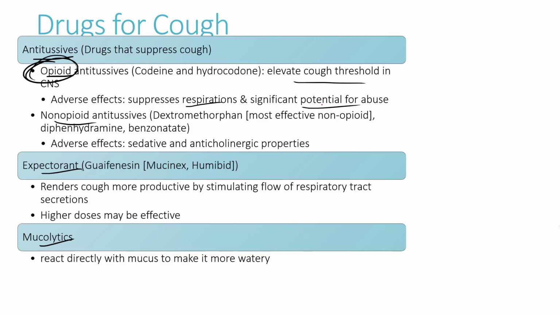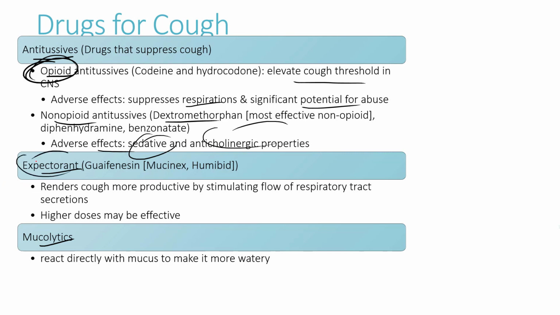There are non-opioid alternatives as antitussives, and so you've got dextromethorphan. But again, this is a very good antitussive that doesn't contain opioid, and you've got here just the adverse effects of those drugs, sedative and anticholinergic properties.